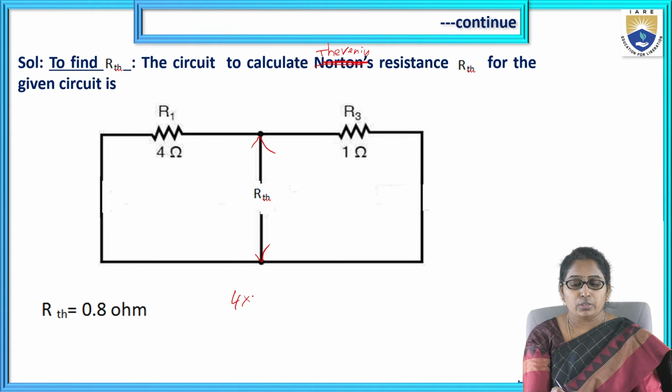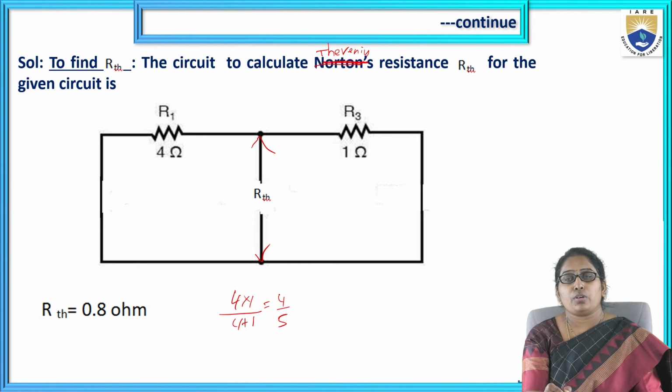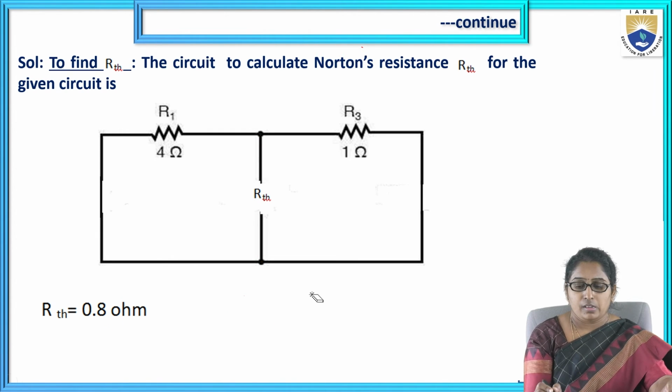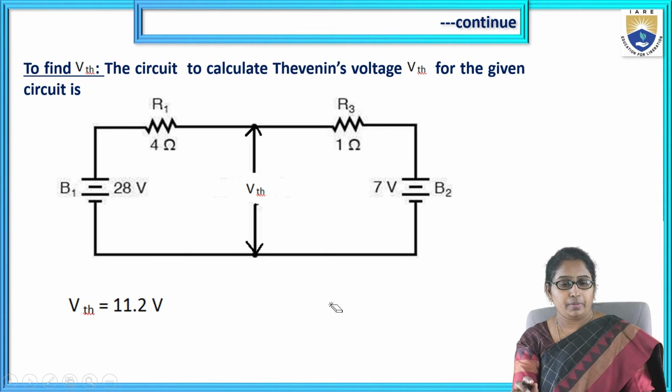So 4 into 1 by 4 plus 1, that means 4 by 5. So the value of RTH for this problem is 0.8 ohm.